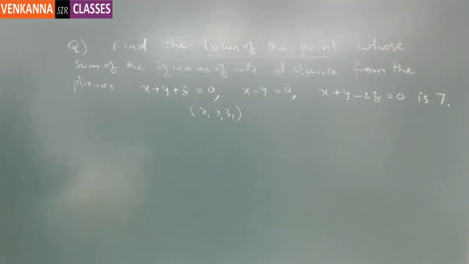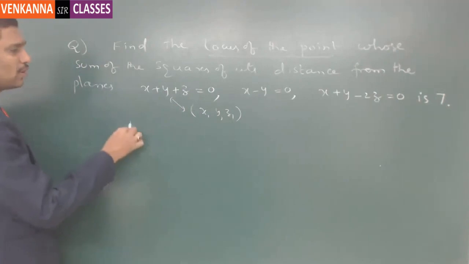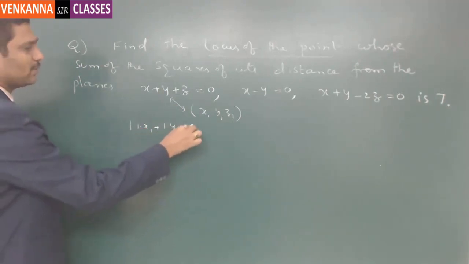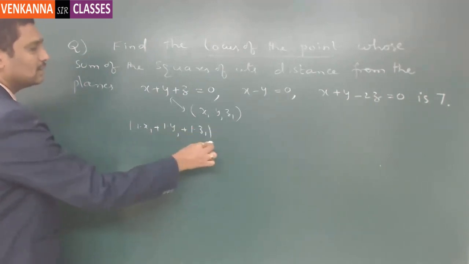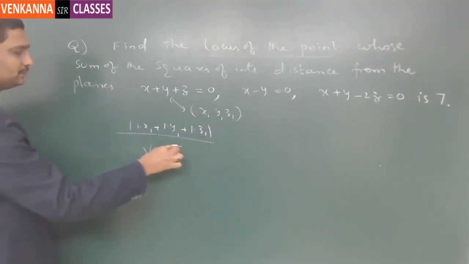As we know, whenever a point and a plane are given, if you apply the distance formula, the distance between these two is modulus of 1 into x1 plus 1 into y1 plus 1 into z1 by square root of 1 plus 1 plus 1.